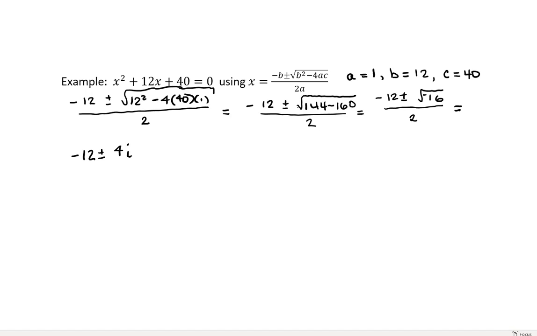Because my negative here tells me I have an i, and my 16 is going to give me the 4. I'm going to divide everything by 2. That's going to give me a negative 6 plus or minus 2i, which is exactly the same answer we got up above. So either way will get you the correct solution.